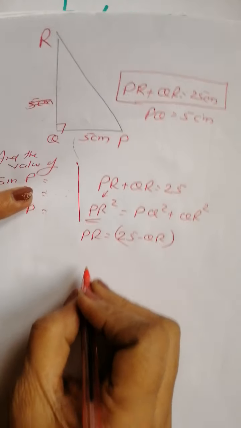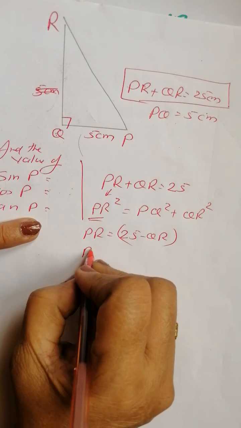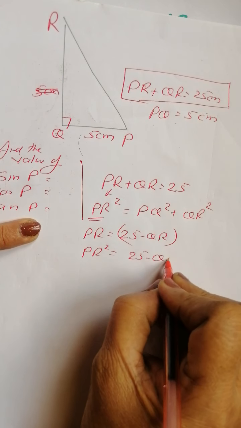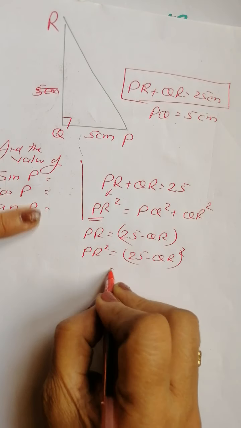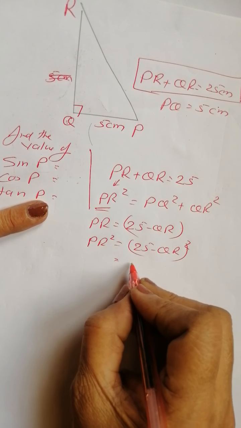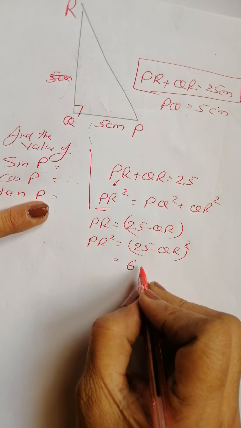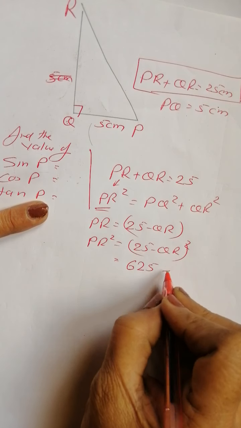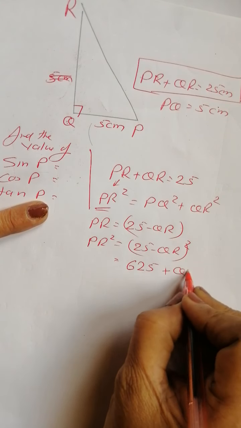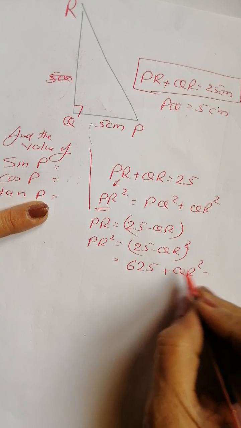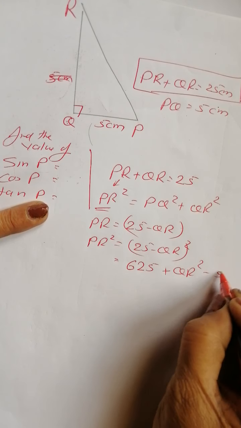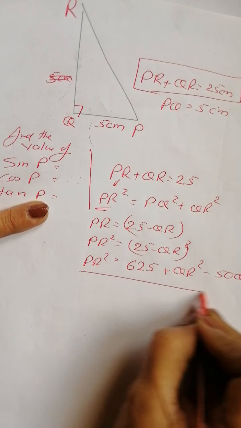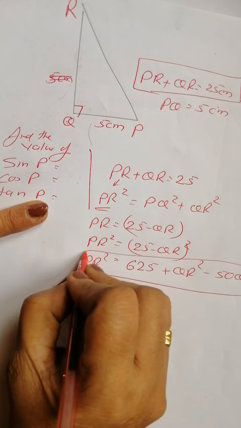So PR square will become 25 minus QR the whole square. A minus B whole square: 25 square is 625, B square is QR square, minus 2AB is 2 into 25, 50 QR. Got it?